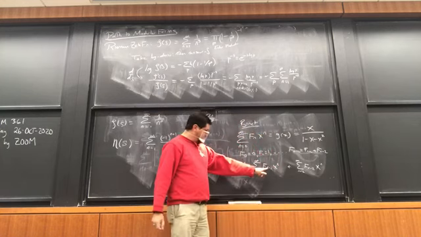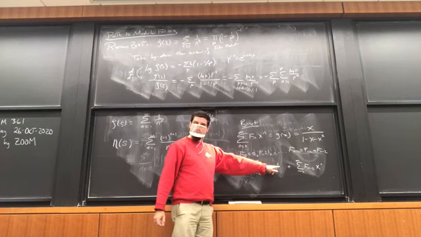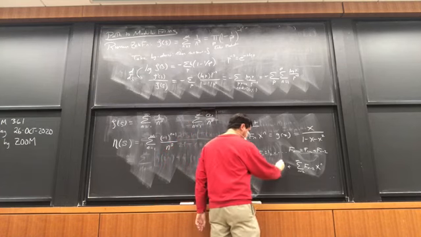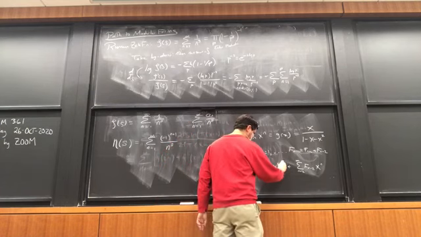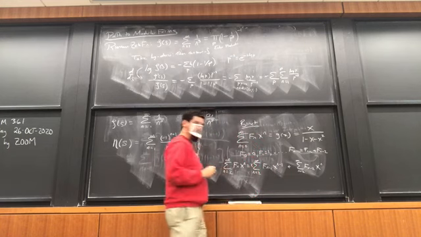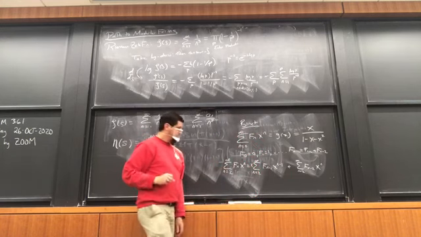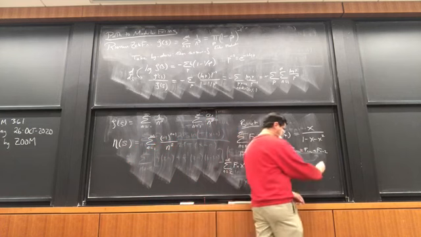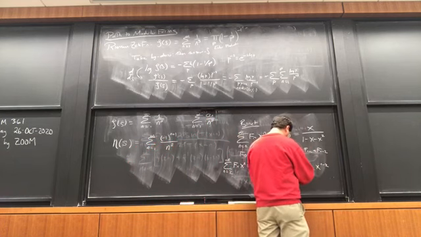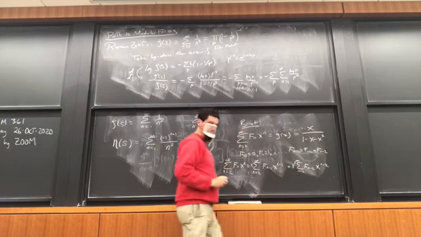I'll write x to the n as x times x to the n minus 1 and pull out an x. And over here, I'll write x to the n as x squared times x to the n minus 2 and pull out an x squared.